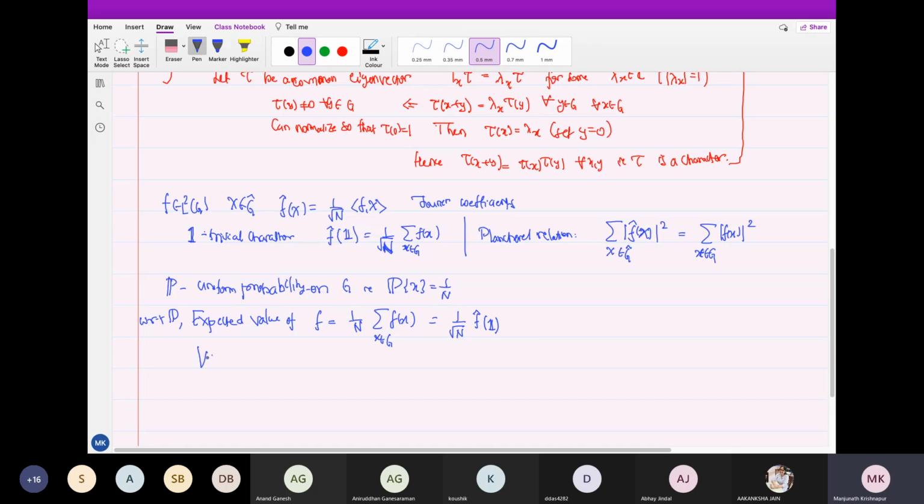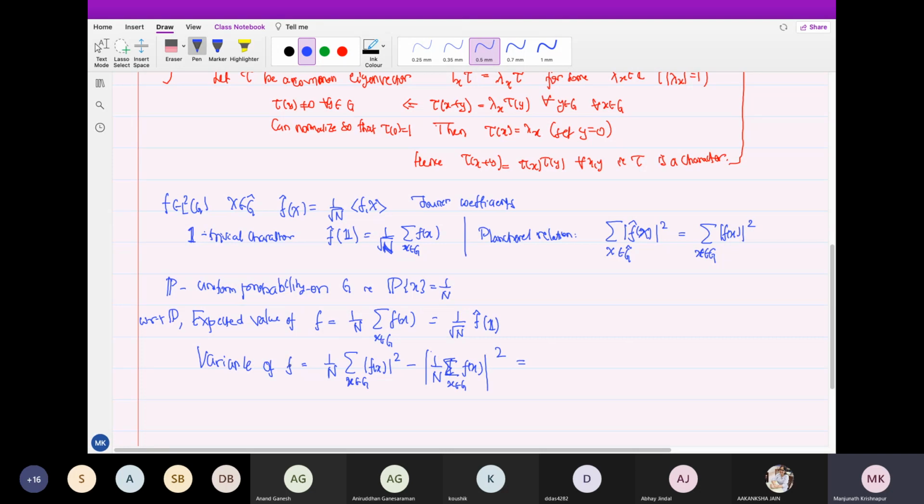Also, what is the variance of the function? By definition, the variance is the expected value of the square minus the square of the expected value. That is, the mean of the squares minus the square of the mean.